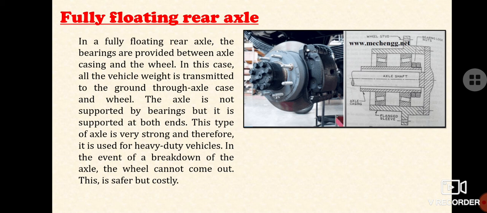In this case, all the vehicle weight is transmitted to the ground through the axle case and wheel. The axle is not supported by bearings, but it is supported at both ends. This type of axle is very strong and therefore it is used for heavy duty vehicles. In the event of breakdown of the axle, the wheel cannot come out. This is safer, but it is costlier.